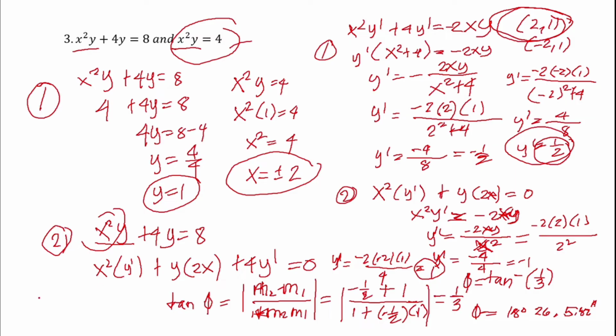If we substitute the other one, the same process, because still that is negative 1/2 and 1/2. So we can have the same here: 1 minus 1/2 over 1 plus 1 times 1/2.